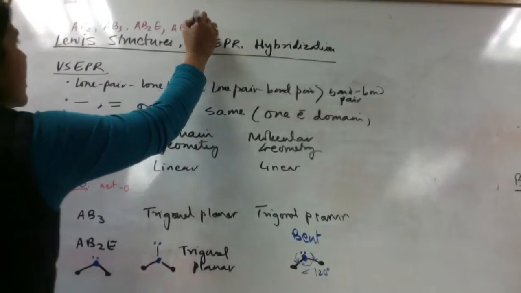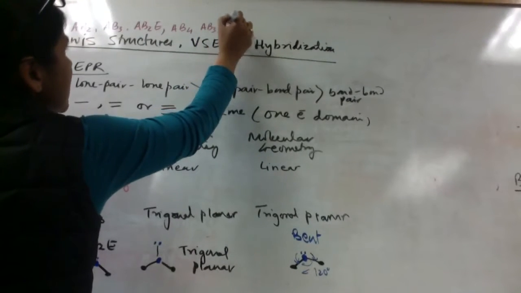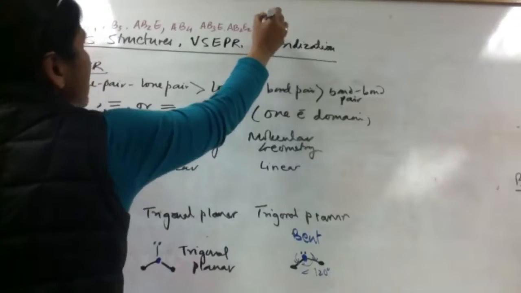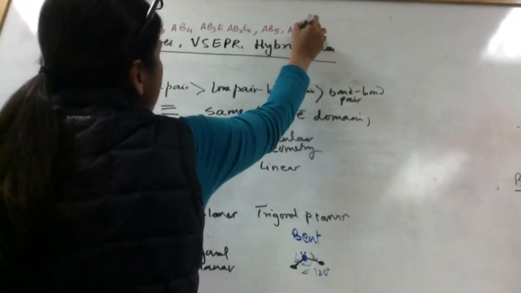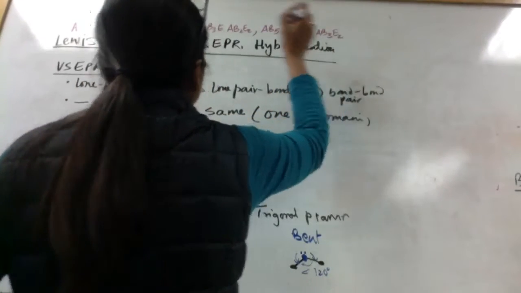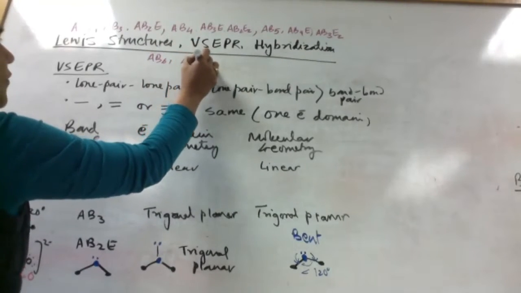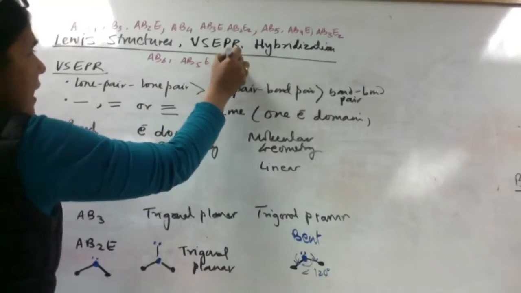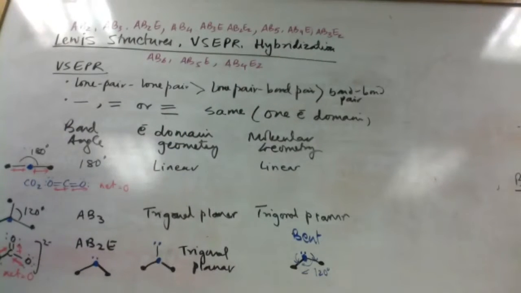AB4, AB3E, AB2E2, AB5, AB4E, AB3E2, then AB6, AB5E, and AB4E2. You need to know all of these. Okay, that's pretty much all of them.